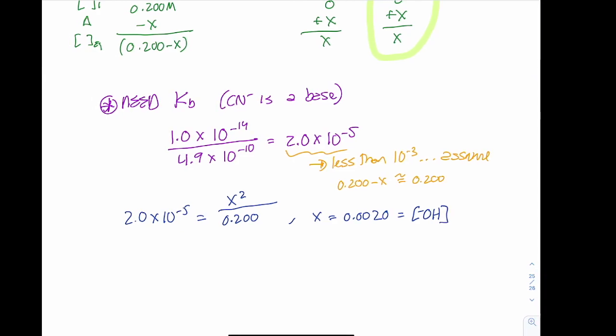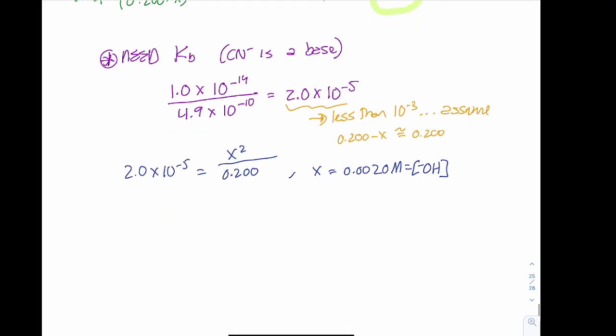Since I'm writing it equal to something that's got brackets around it, I'm going to throw those units on there. So I'm going to use the pOH method. Since I'm not asked to solve for concentrations, I'm only asked to solve for pH, I find this way to be easier, but again, you can do it whatever method you prefer. So I'm going to take the negative log, and I'm going to get 2.70. In my calculator, it comes out to 2.69897 or so.